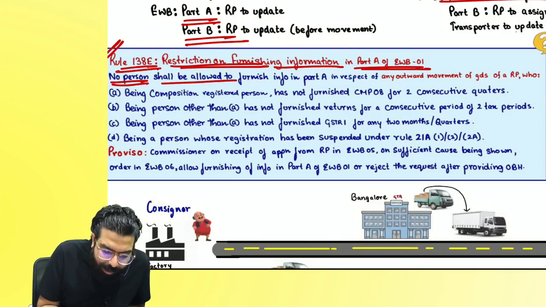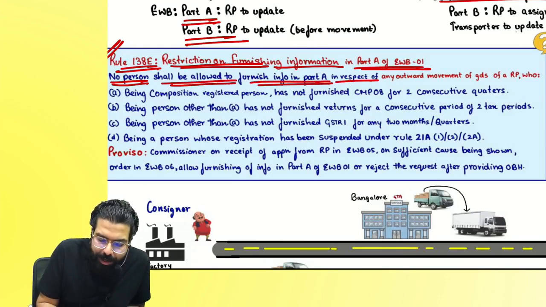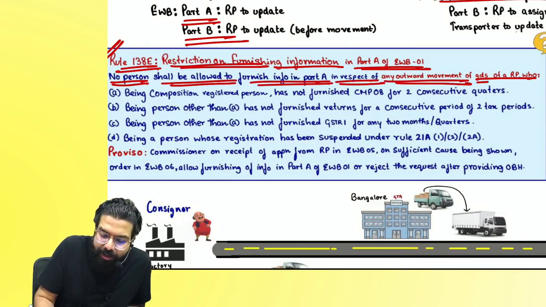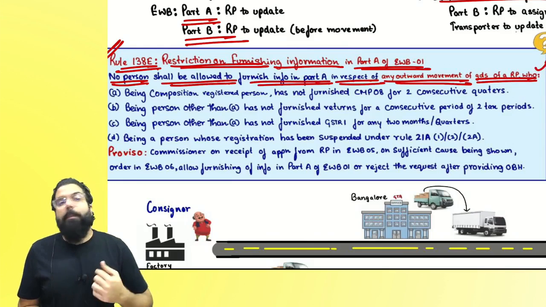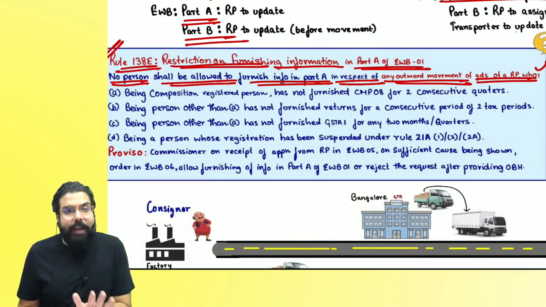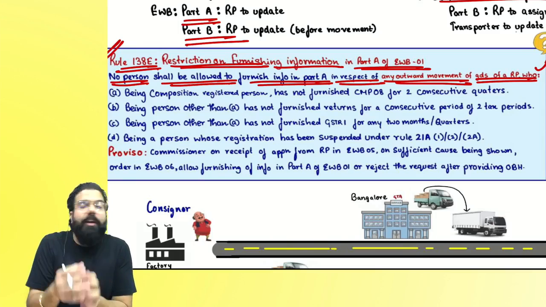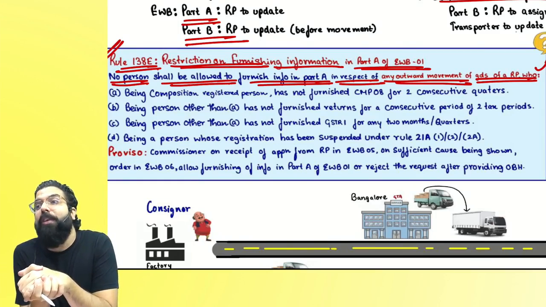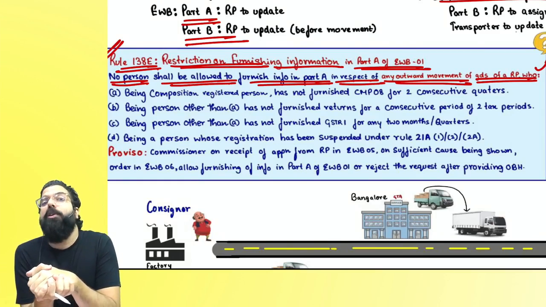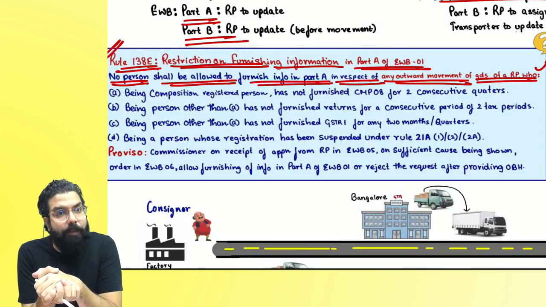No person shall be allowed to furnish information in Part A in respect of outward supply of a registered person who... when will my e-way bill not be generated? If I want to generate, I can also not generate. Somebody else may want to generate. Might be I have authorized a transporter, a courier agency, or an e-commerce operator to generate the e-way bill on my behalf.